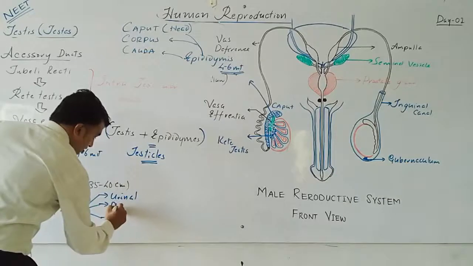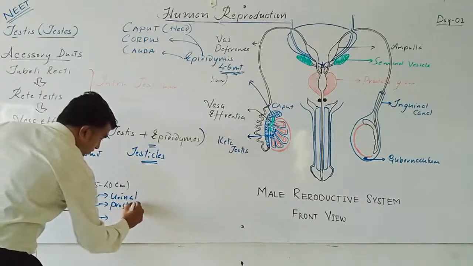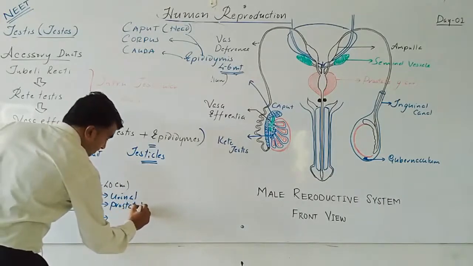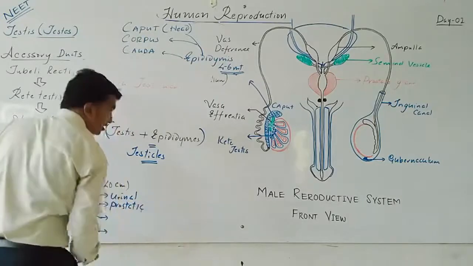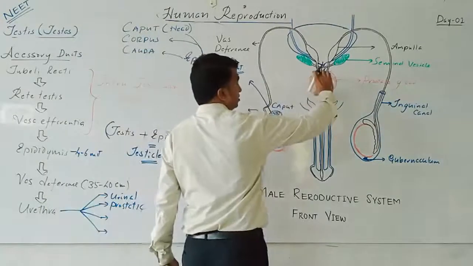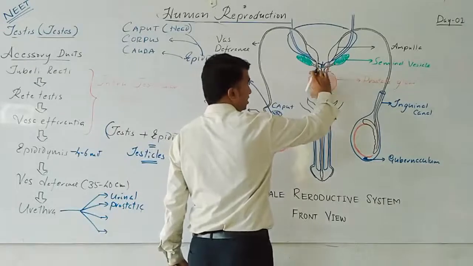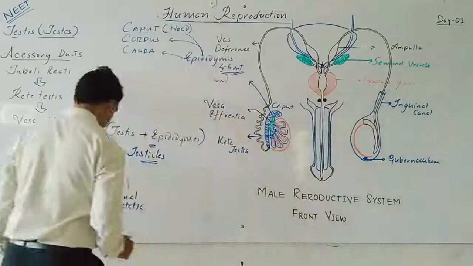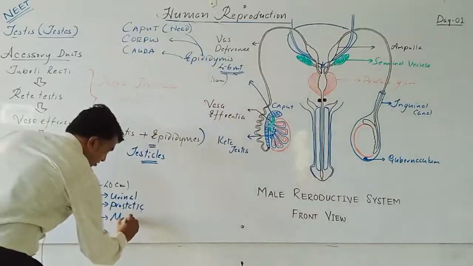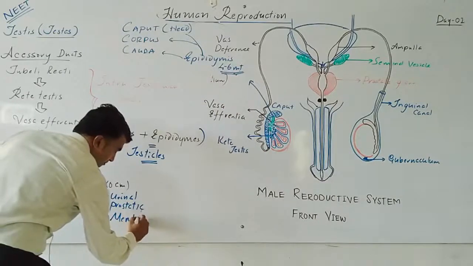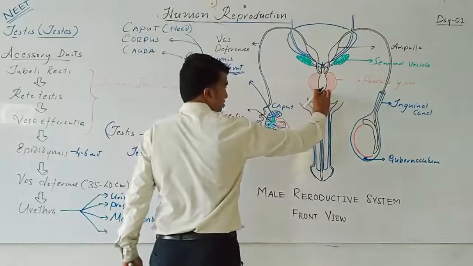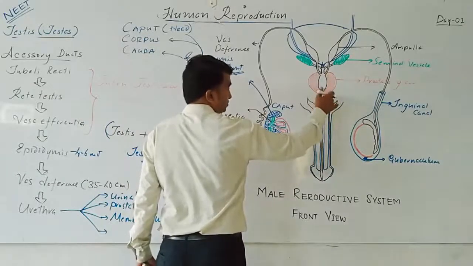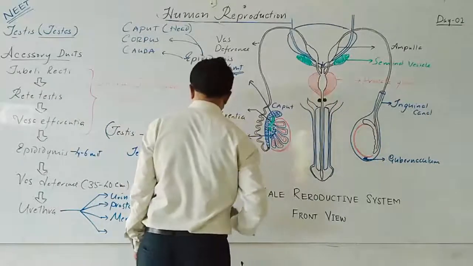Next one is the prostatic urethra. This is the urethra that enters into the prostate gland, called the prostatic urethra. Next one is the membranous urethra, where the bulbourethral gland opens.